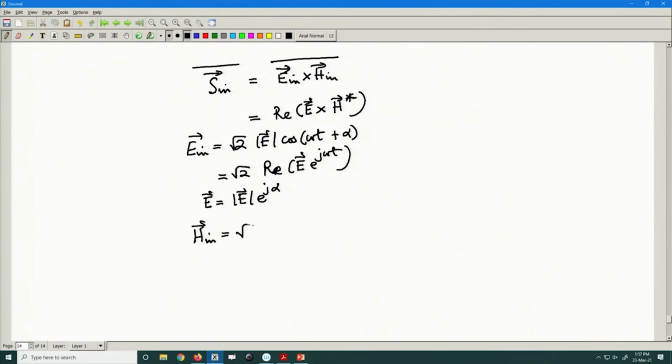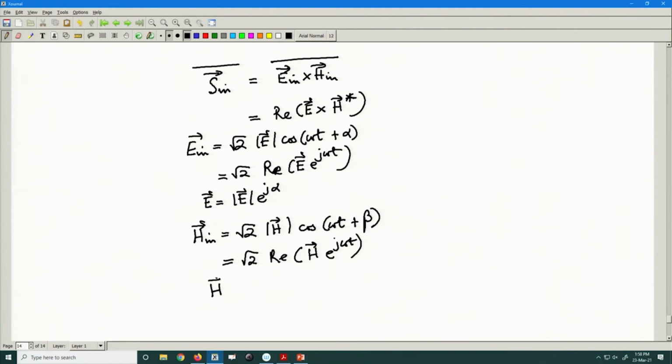H_in is root 2 mod H cos(omega t plus beta), that is root 2 real part of H e to the power j omega t.